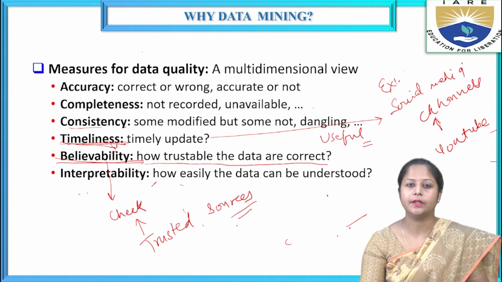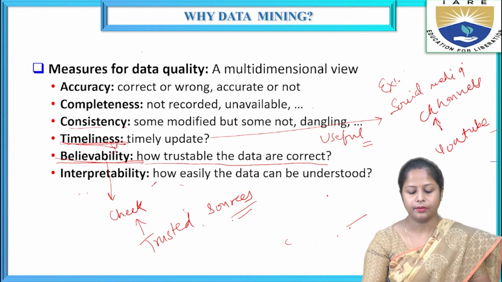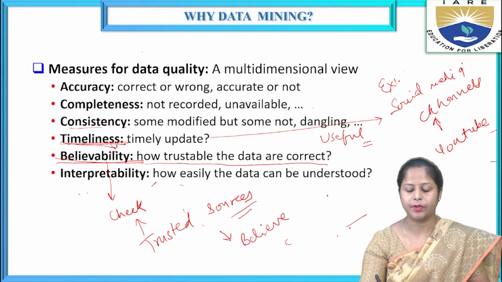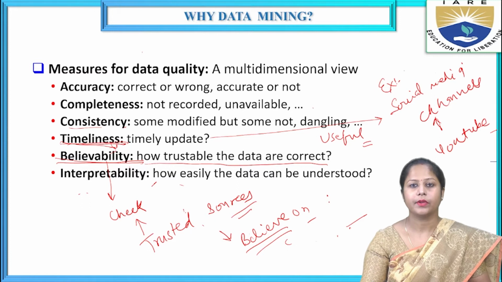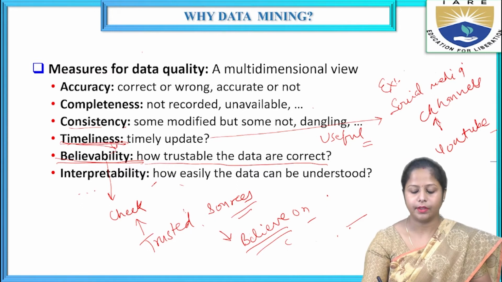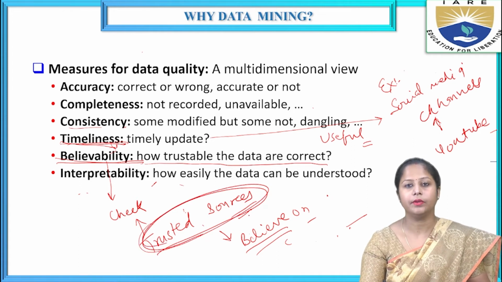If the data has been taken from trusted sources, then we can believe it. On that type of data only we can believe. If that source is not good, then we will exclude that type of data.